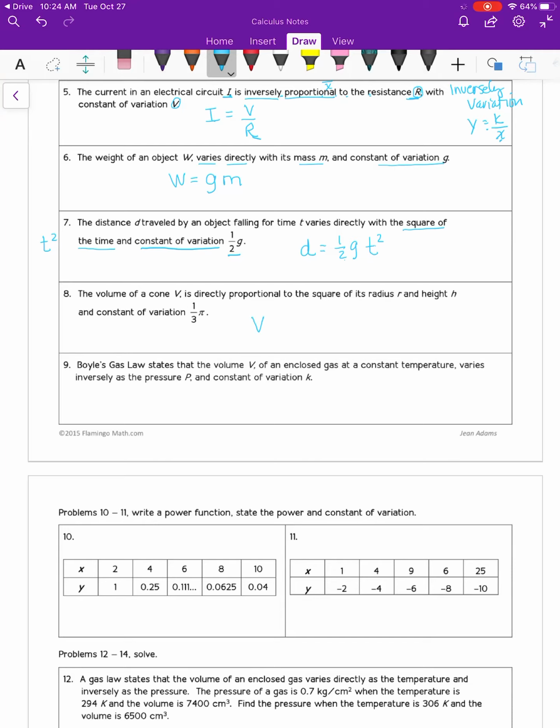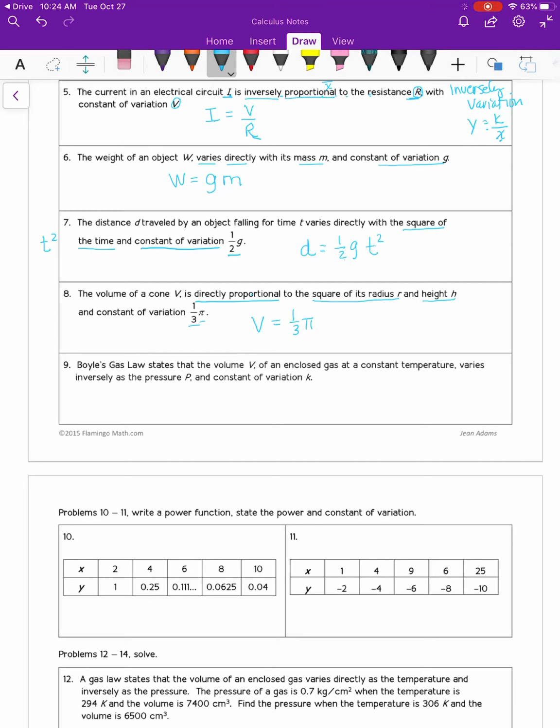The volume of a cone V is directly proportional, which is another way to say varies directly. So V varies directly with the square of its radius r and the height. When it says and, it means multiply both of those. The constant of variation is 1/3 pi, so that's my k.